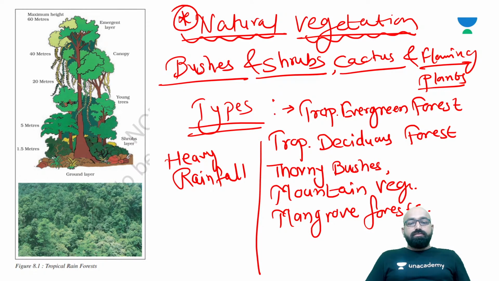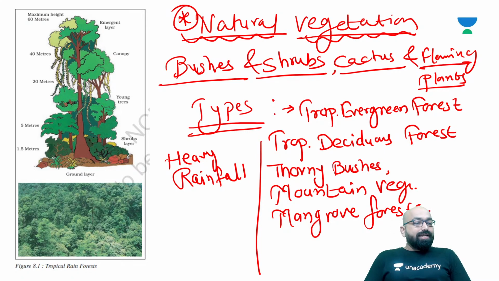They are so dense that sunlight does not reach the ground. So, many species of trees are found in these forests which shed their leaves at different times of the year. So friends, they always appear green, and that's why these types of forests are called evergreen forests.